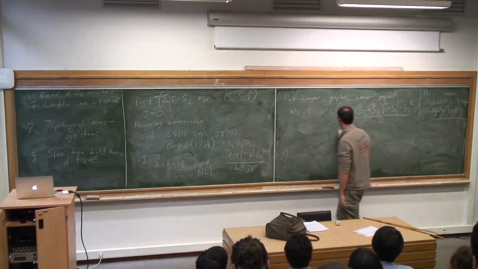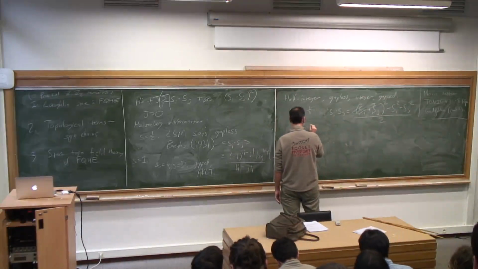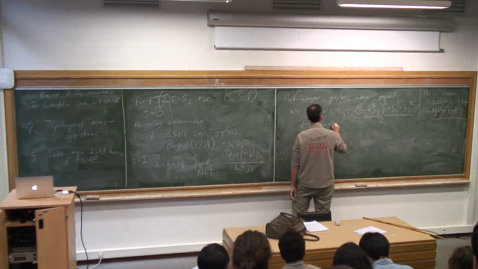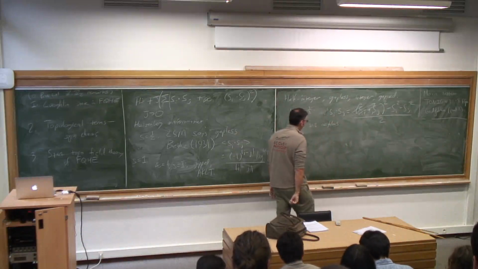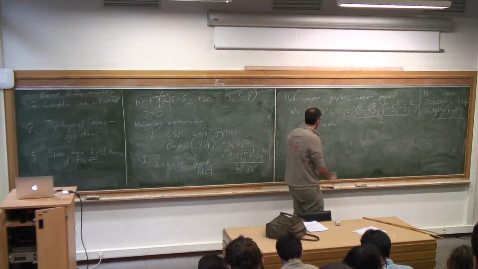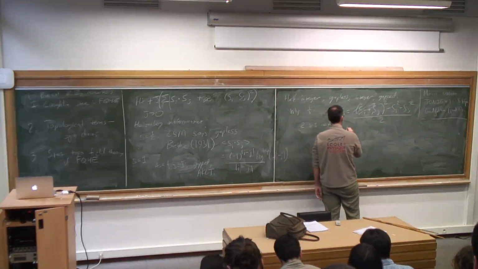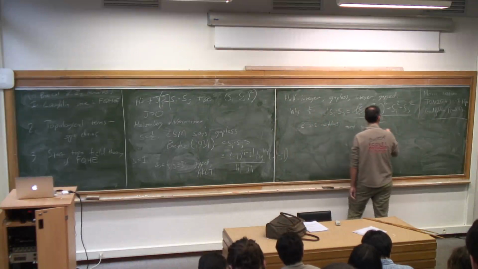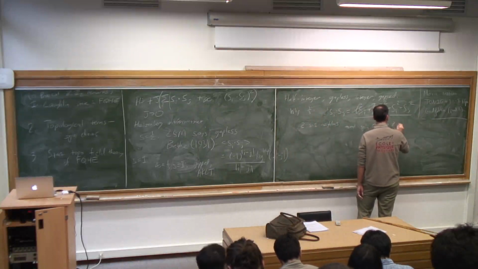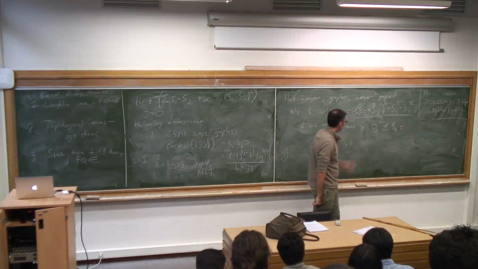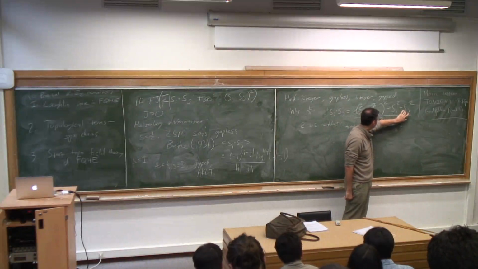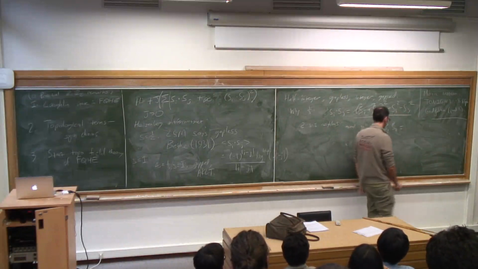over 2. So if I think about 2 spins, then they could have total spin 0, and then I get S1 dot S2. Well, let's work it out. So spin 1 means that these are each 2h bar squared, 2h bar squared, 0.